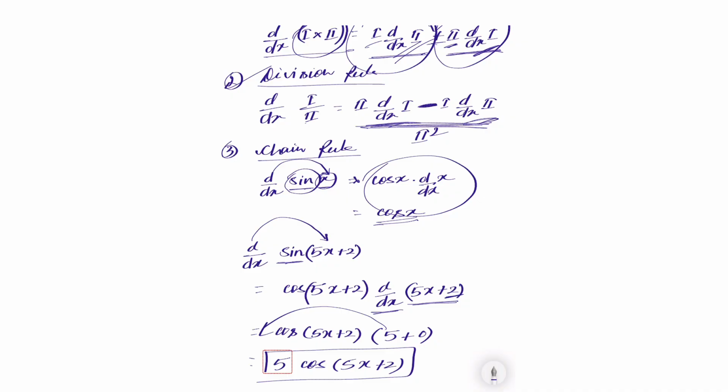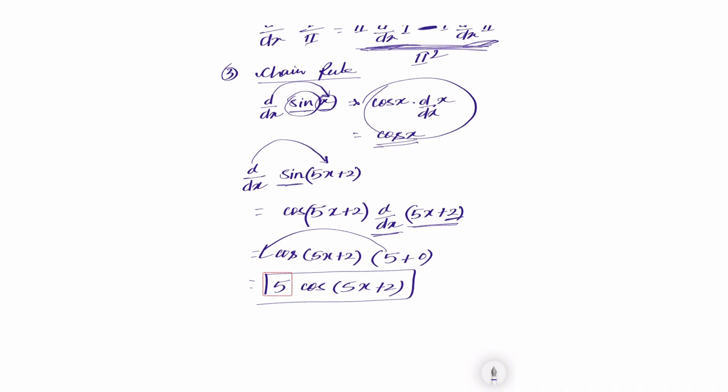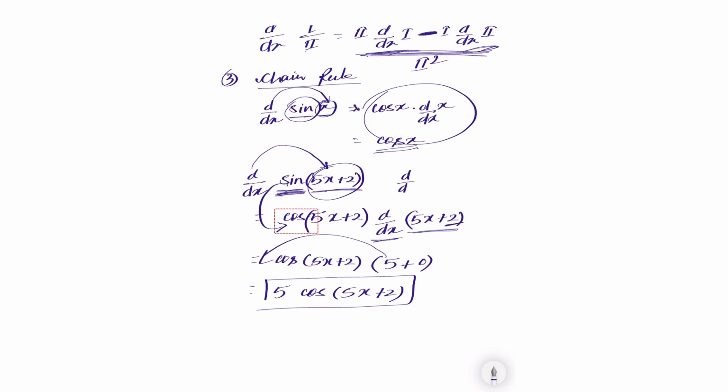Look at the chain rule once. You can see here, there are two different gates, first gate and second gate. Sin becomes cos. Second gate 5x plus 2, using the formula d by dx of x power n is equal to n x power n minus 1.